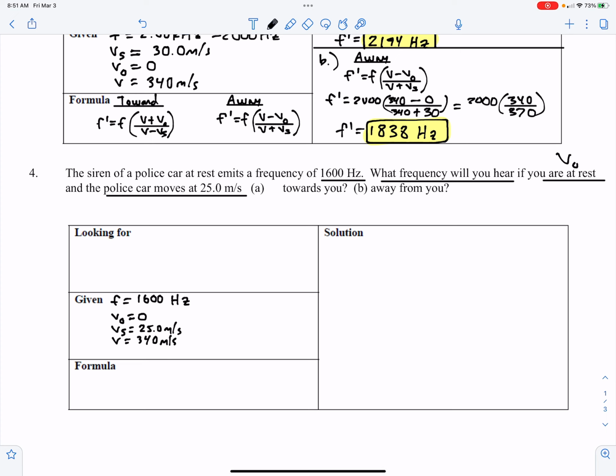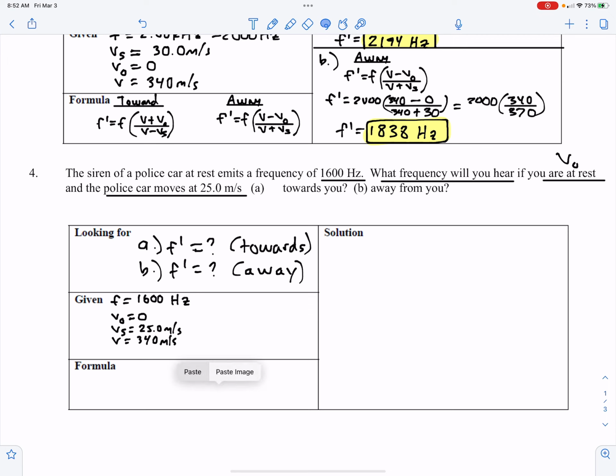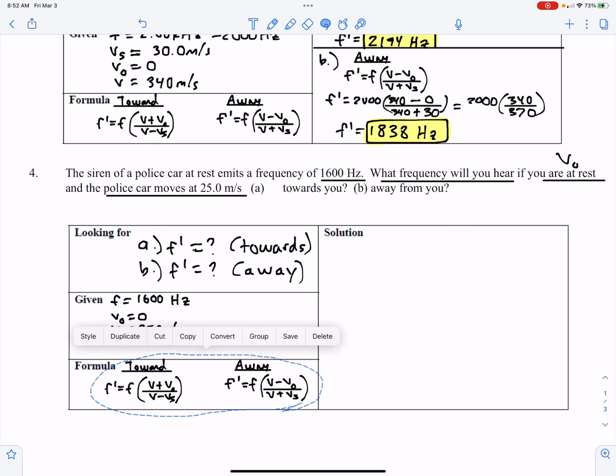Well, again, what frequency will you hear? We're looking for the perceived frequency, f prime. Part A is coming toward you, and then part B is coming away from you. Go ahead and pause the video so you can get your formulas down and ready.